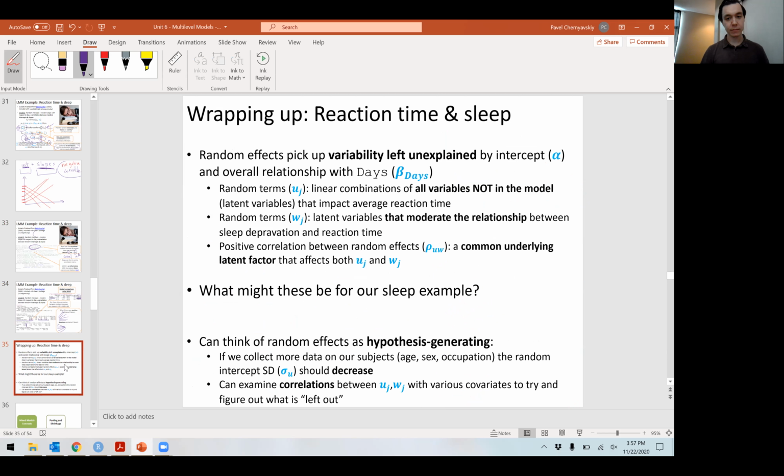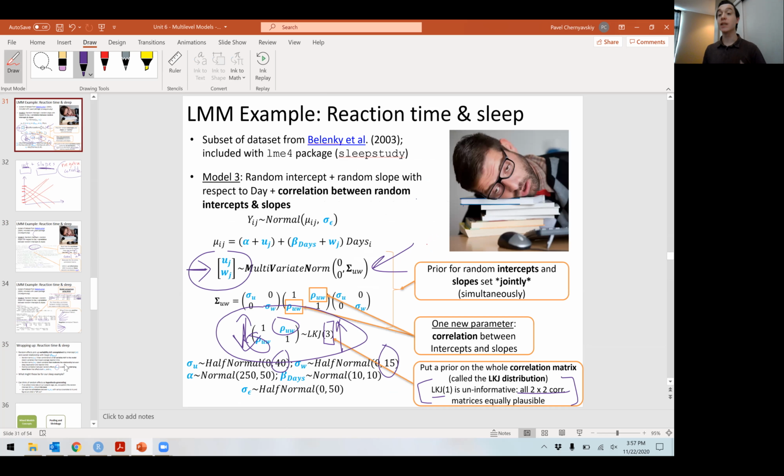Okay. Most of the time, people allow for that correlation between random intercepts and random slopes, because otherwise you are assuming something that is untestable, right? If we allow for the correlation and it comes out to be 0, we can say we tested for it. Here's the credible interval. It nicely crosses 0.